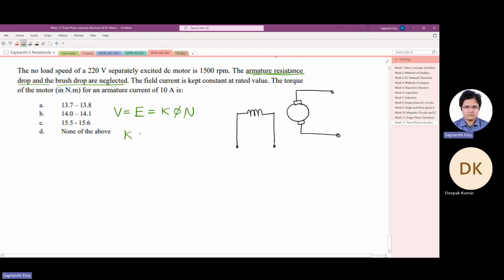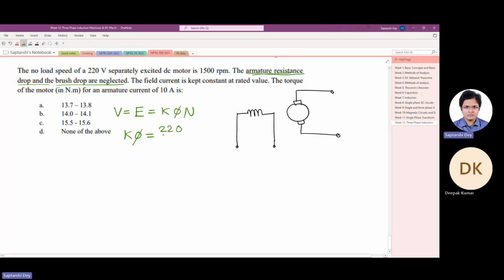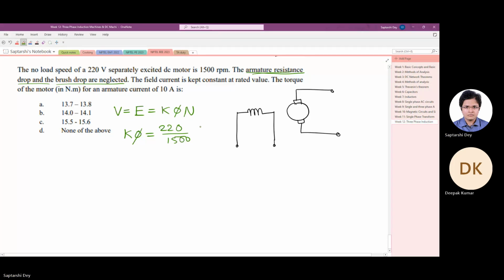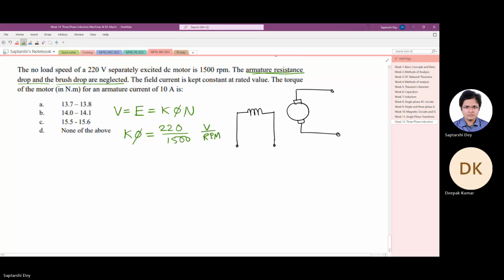So from here we can find out K phi as V by N, which is 220 by 1500 volt per RPM.